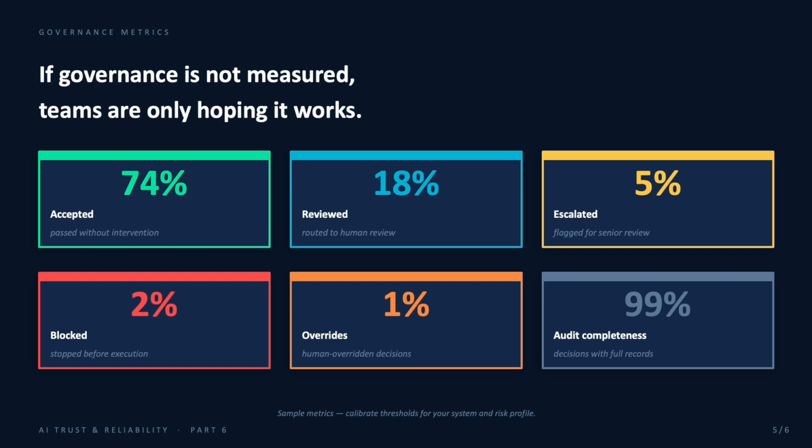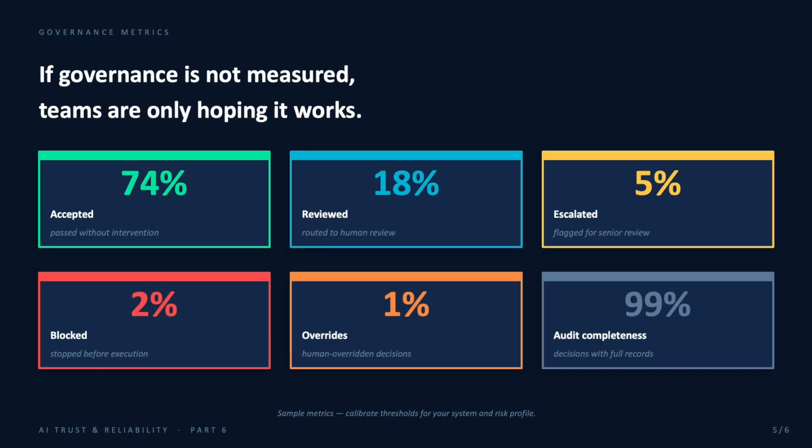If the review rate is extremely high, maybe the system is too conservative. Or maybe the validation rules are weak. If the block rate suddenly spikes, maybe something changed in the input pattern, model behavior, or policy rule. If audit completeness drops, that is serious production risk.